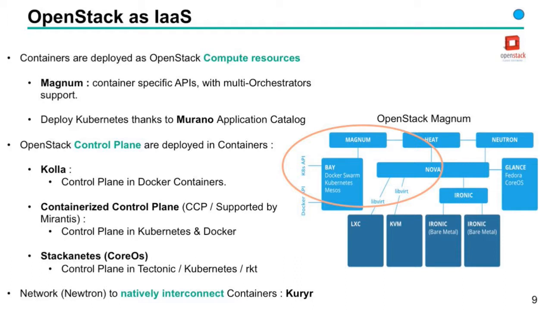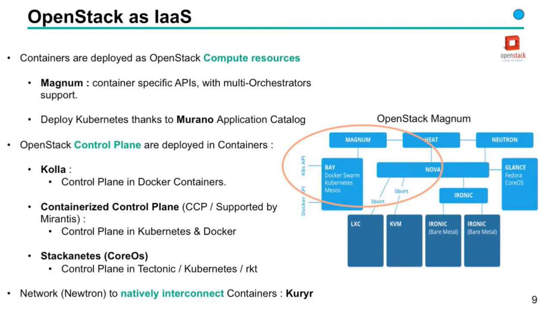So among the different IaaS layers that we have, OpenStack is really a very interesting one. And as you know, in the OpenStack summits, the container plus OpenStack topic is quite hot today. So we have different ways to consider container as a service and containers in the context of OpenStack.